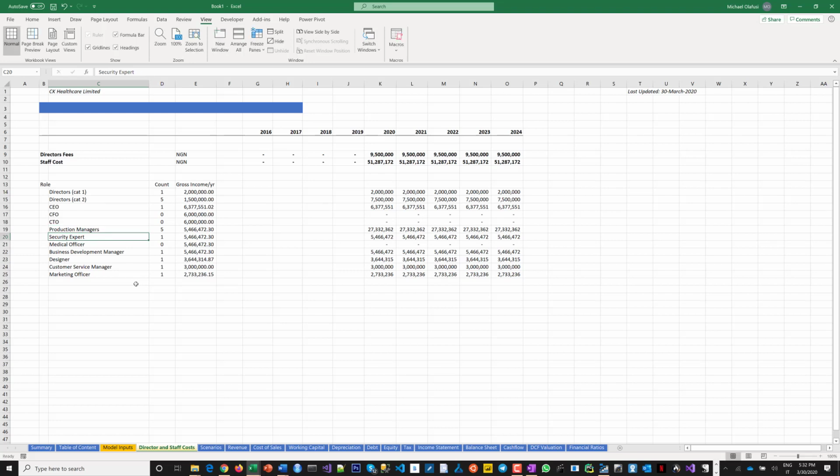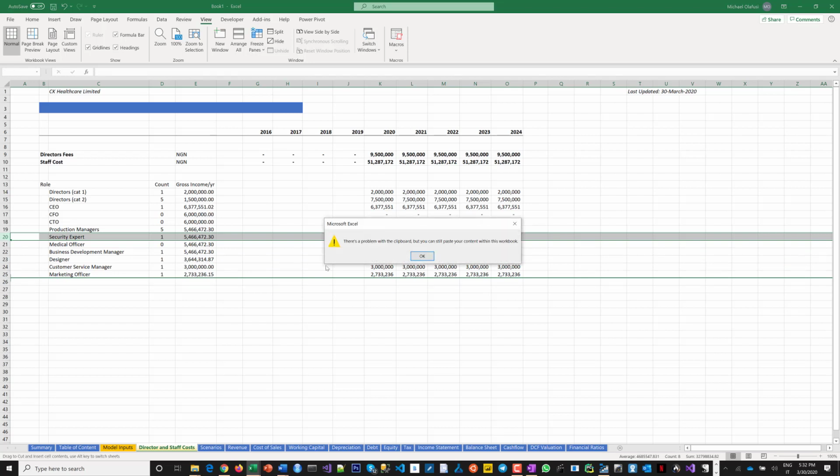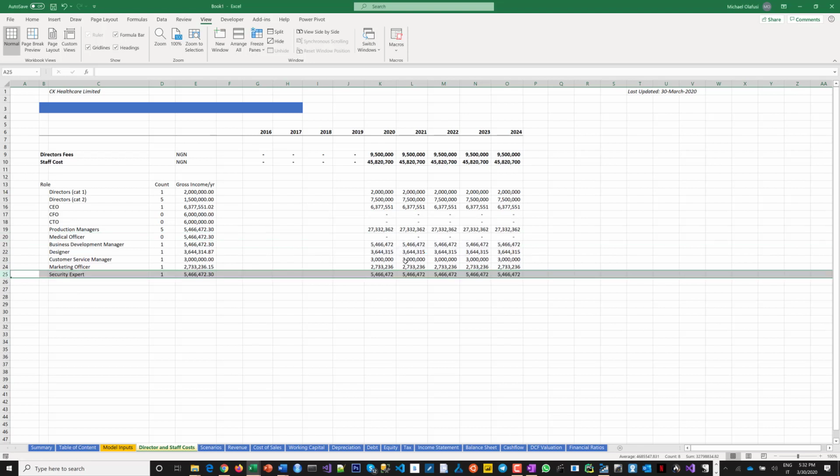Maybe there are going to be 5 of them. They're going to need a security expert. For them, security isn't going to be very high in the hierarchy for this kind of company. The security person would just be like a security officer, almost like a gateman kind of security officer.